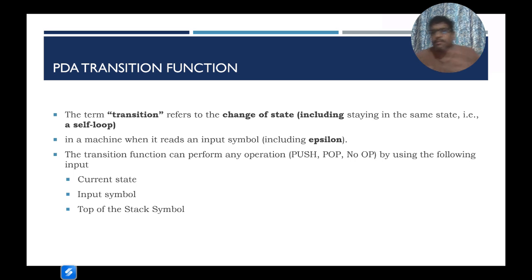The transition function can perform any operation like push, pop, and no operation. Initially the current state is q0. By reading some input symbol, a or 0 or 1, that will be pushed onto the top of the stack, above Z.